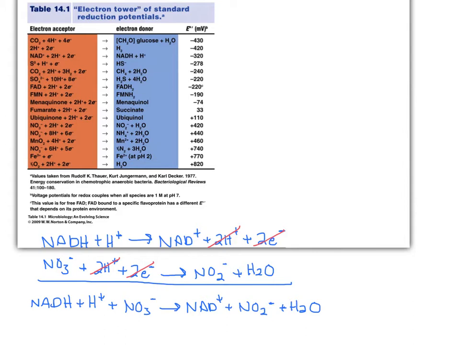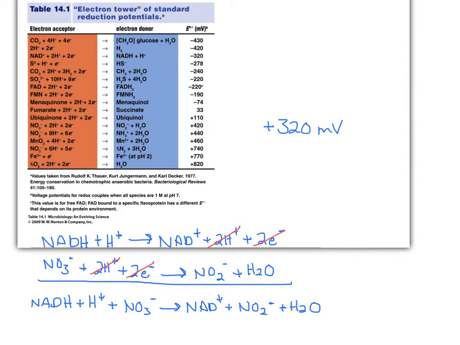Now let's do the calculations. So we need to look at the reduction potential of the first half reaction, and that's right there, and it's negative 320 millivolts. Now keep in mind that we need to flip that around since we flipped the equation around. So the value would be positive 320 millivolts. Now for the second half, that's right there, and that's 420 millivolts.